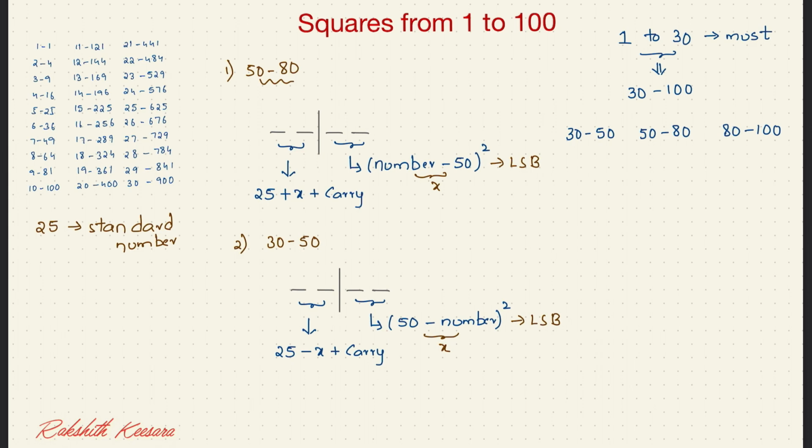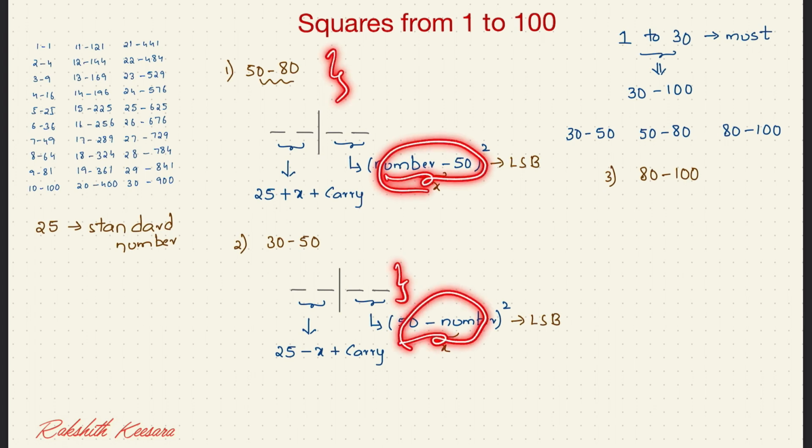Now you guys know the squares from 1 to 80. The only thing that is remaining is 80 to 100 and it is very simple. The third one is 80 to 100. So in these two cases, you took the 50 as reference, right?